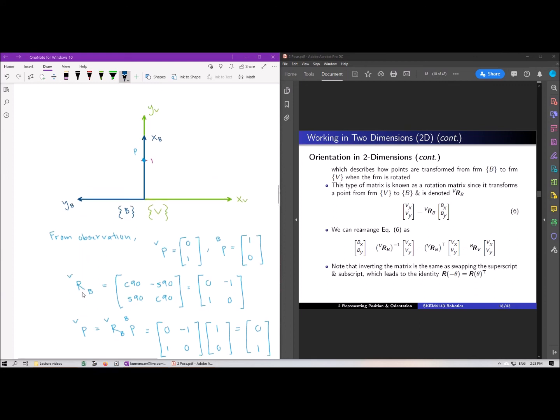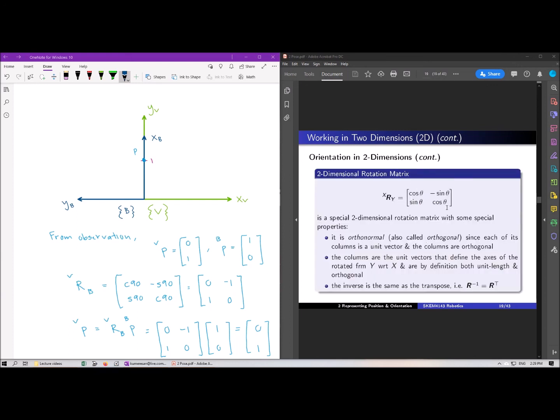And what is the rotation matrix RBV? In other words, what is the representation of the rotation of coordinate frame B, Bangkok, with respect to V, is given by this formula, by this matrix, and theta is the angle. Because coordinate frame B has been rotated this way, it seems to be anti-clockwise, therefore it's 90 degrees.